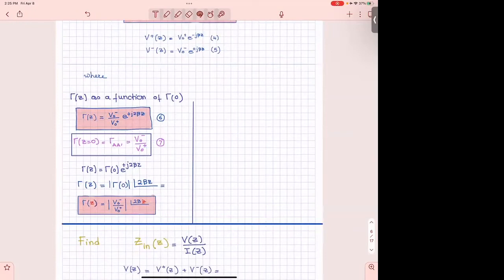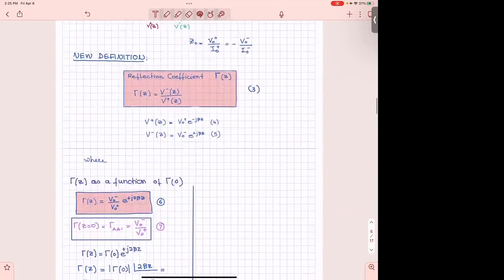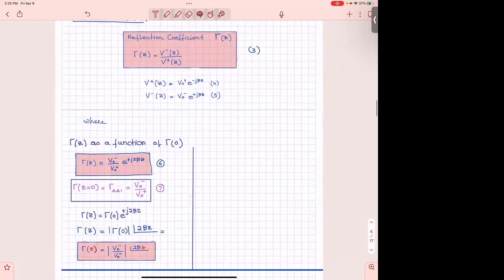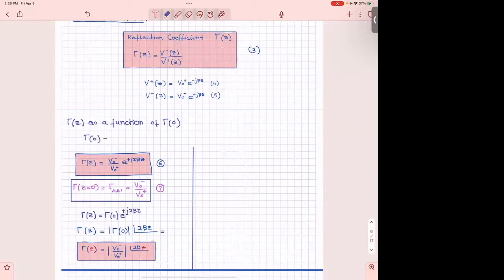Now I will do something else. I'm going to look at the reflection coefficient at the end of the line. So let's assume that now I am at z equals L. Let me erase this and put this here. Gamma at 0, to remind you, you can also see as gamma at A prime. Now we are going to the end of the line.